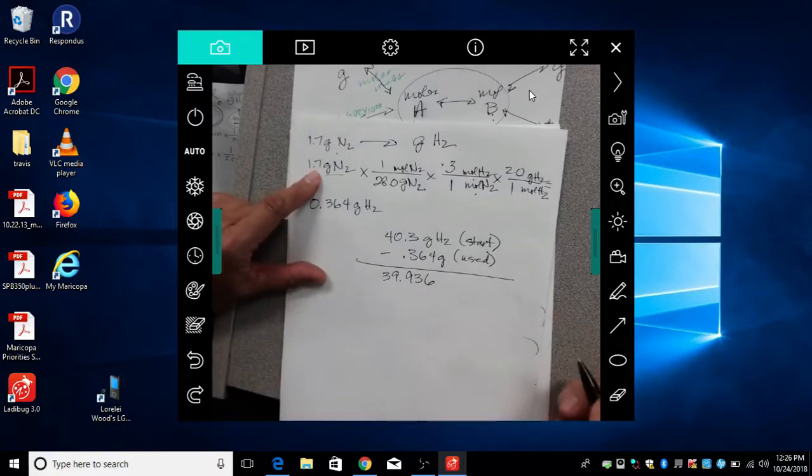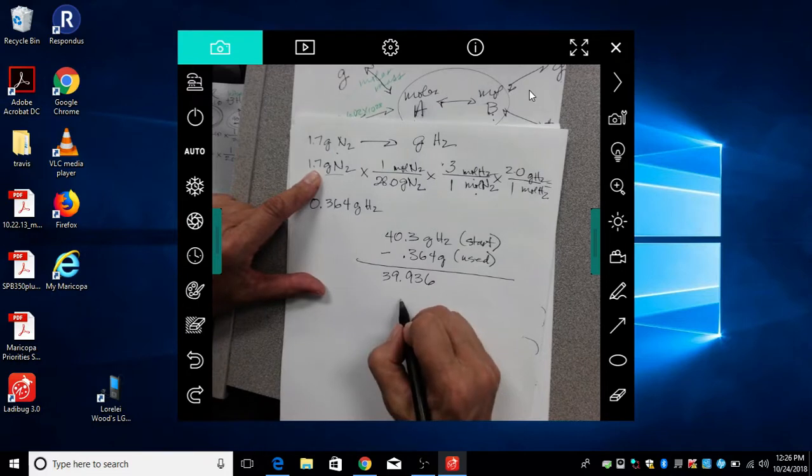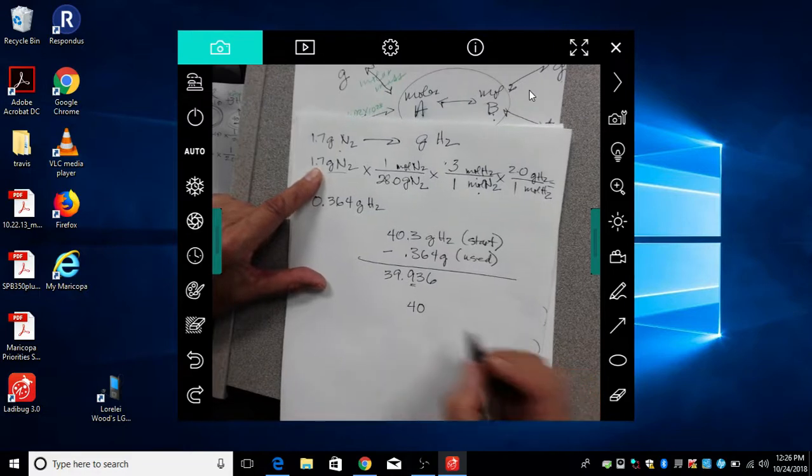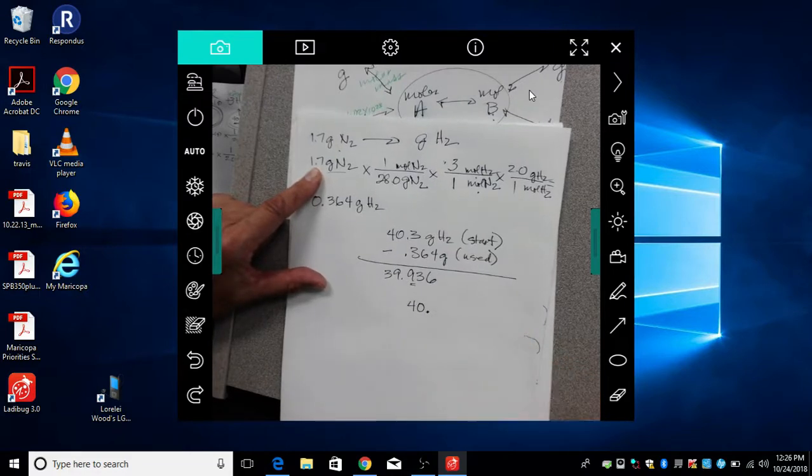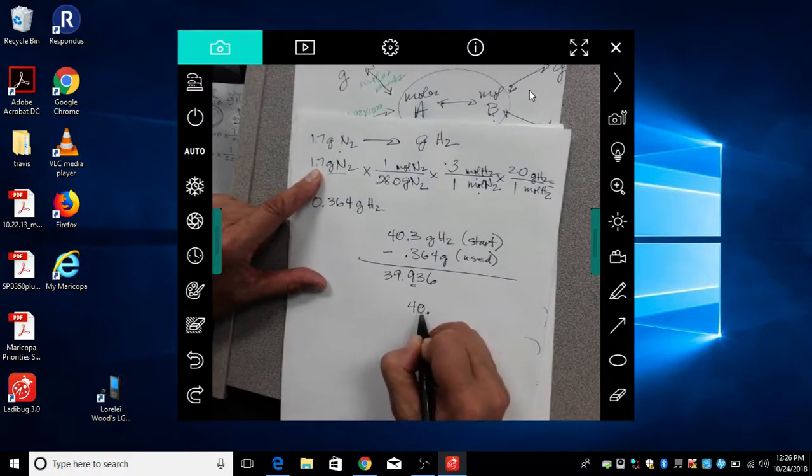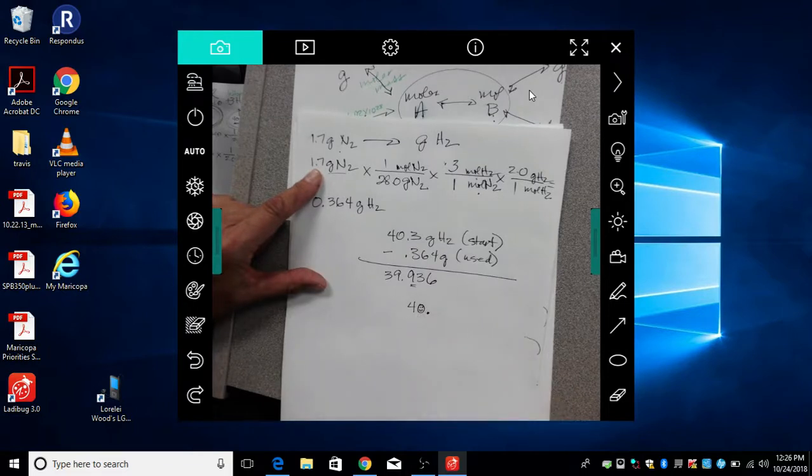If we look at 2 sig figs, what should we do? I'd say this, but that's only got 1 sig fig. There we go, right? Because that decimal does what to the 0?